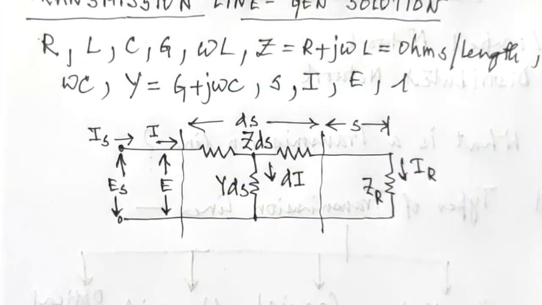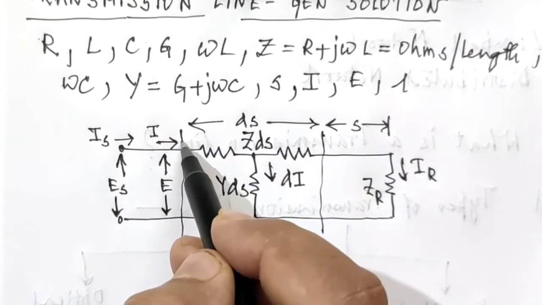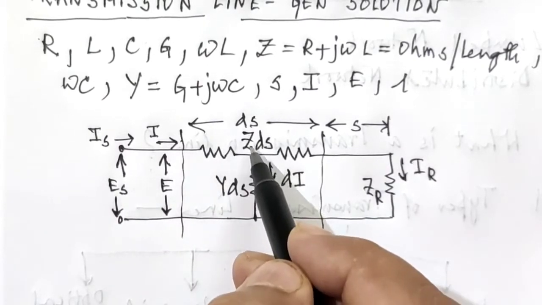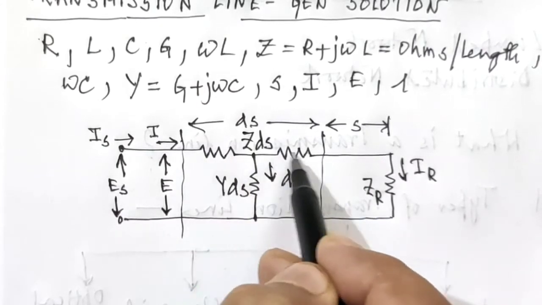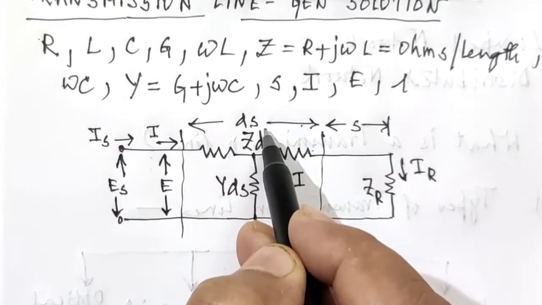As you can see, this elemental section is of length ds and carries a current I. The series line impedance being Z ohms per unit length, the series impedance of this elemental length ds is given by Z into ds.